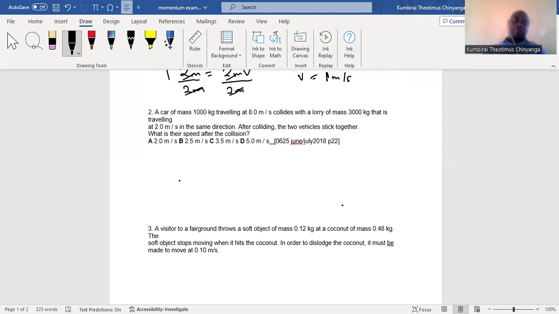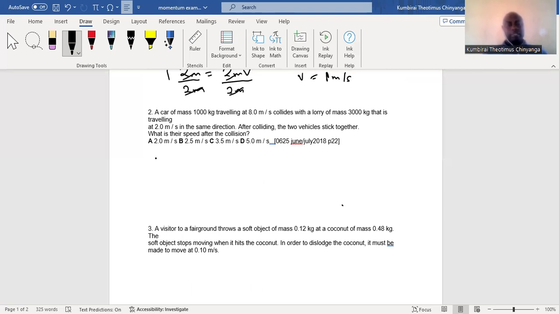I'll also leave it to you to try and build the equation for question 2, and then try to solve it. I'll give you some time to try and solve the equation.